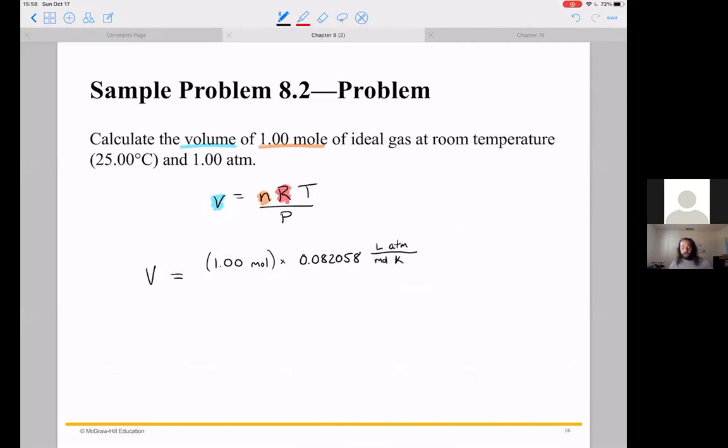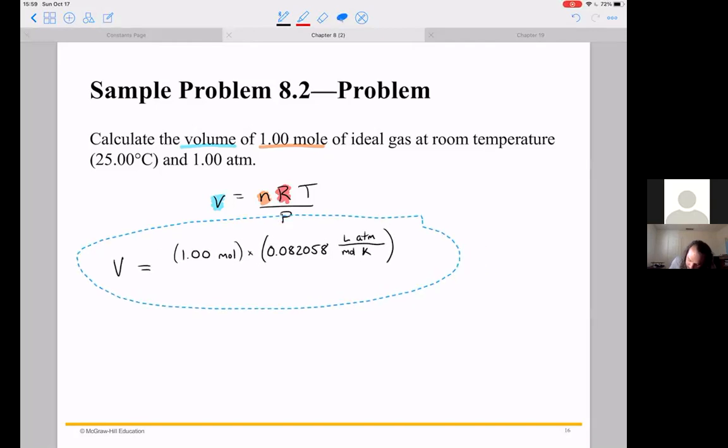And these are just about as ugly a unit as you can get. But we're going to see that it's really important and it's going to help us keep track of our units. Just like everything else we've done, our units are going to cancel and we're going to be left with units of volume, which in this case will be liters. So I'll show you that when we get to it, but trust me on that. That's why these sort of exist.